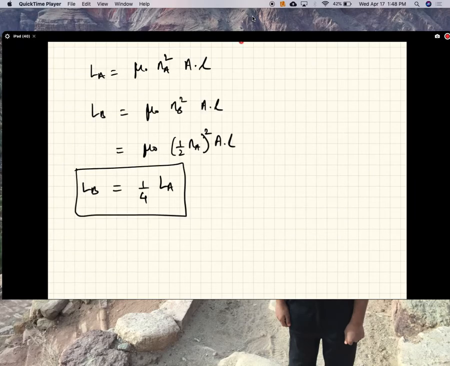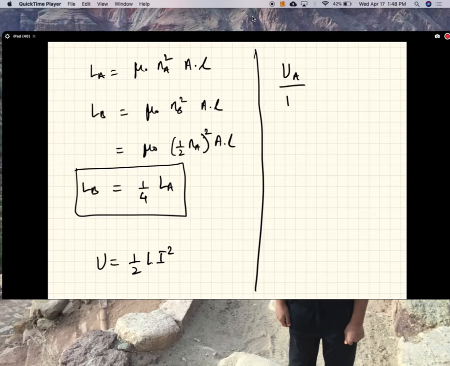The energy stored in an inductor, U, is equal to 1/2 L i squared. Okay, so if the current is the same, UA by UB equals 1/2 LA i squared divided by 1/2 LB i squared.